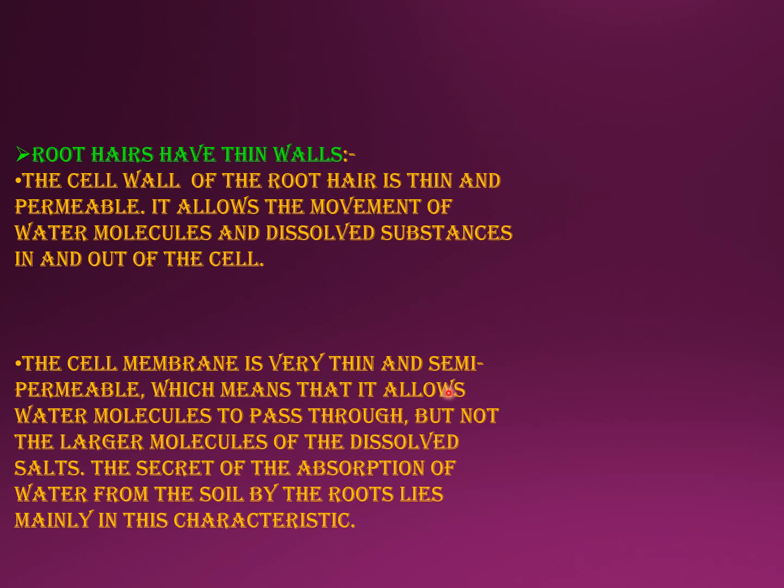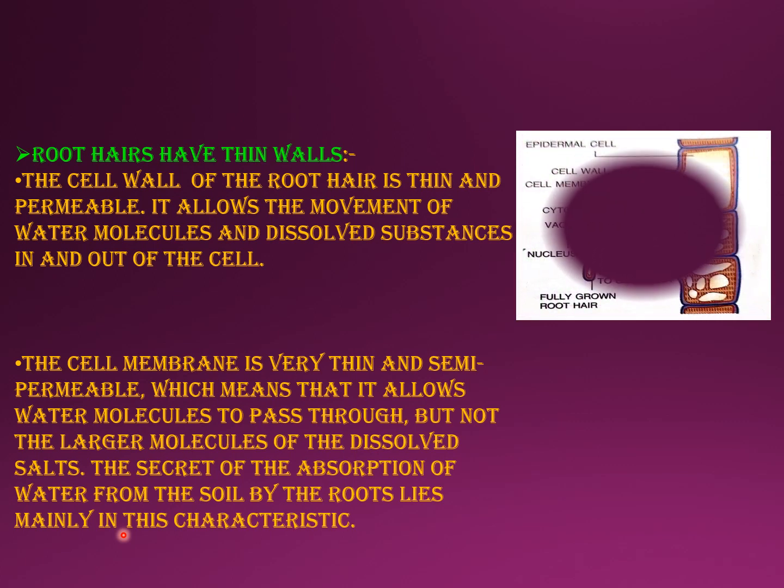But as we all know, cell membranes are semi-permeable, which allows water to pass through. The larger molecules of dissolved salts cannot enter, but the dissolved mineral salts present in the soil along with water enter into the cell of the root hair.